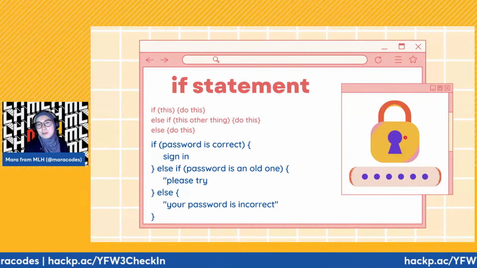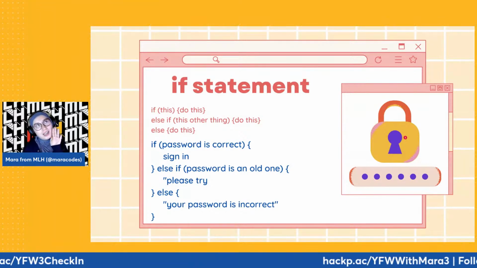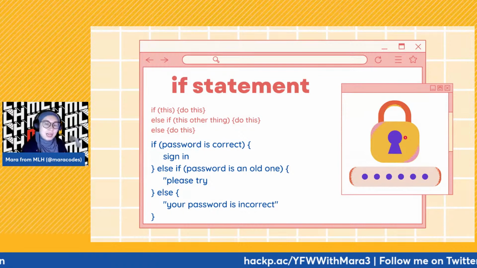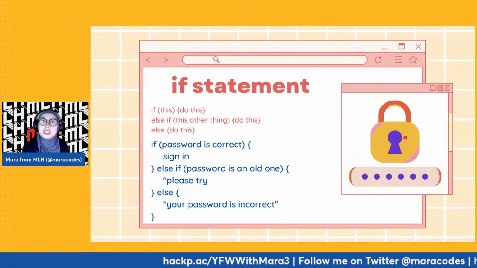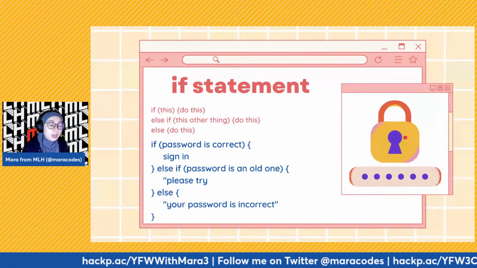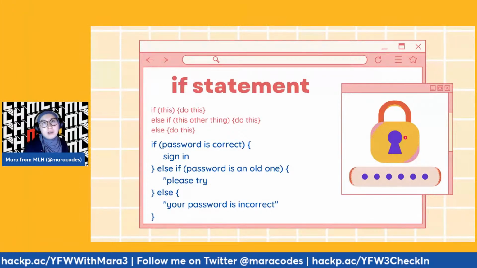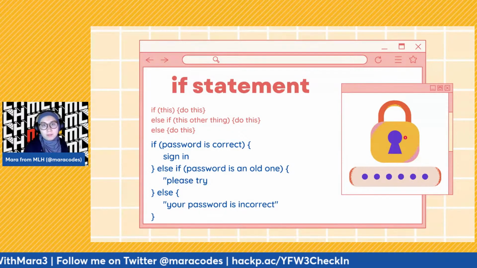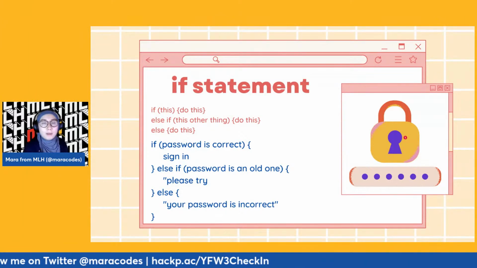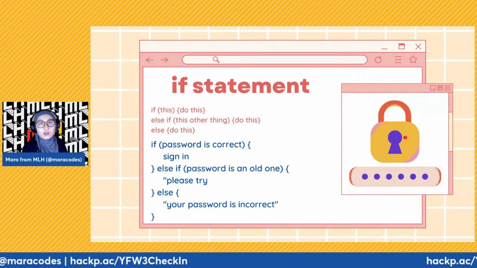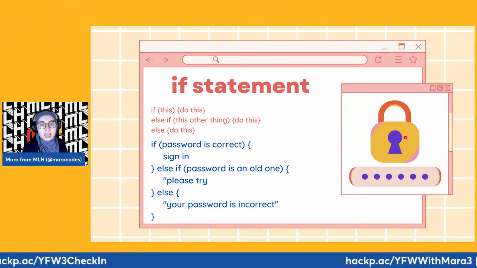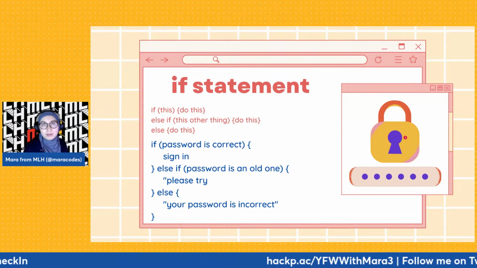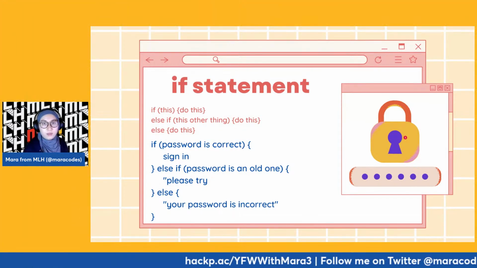One example that's both coding and everyday life is, imagine you're signing on to your Twitch account. It prompts you for your password. So if your password is correct, you're going to sign in. Else if it's not correct, then you move on to the next one.